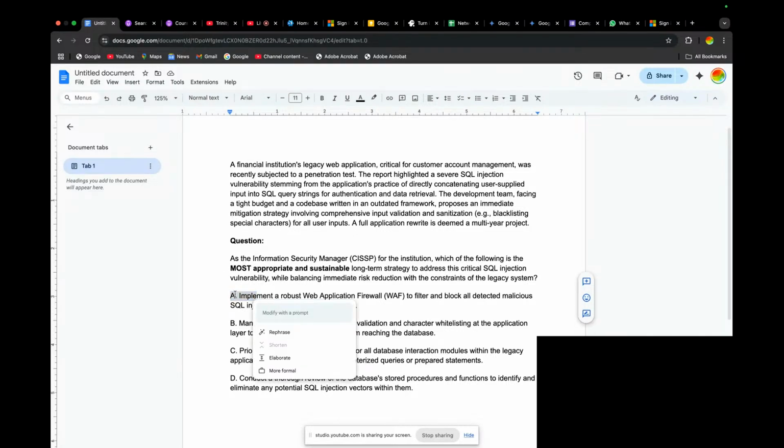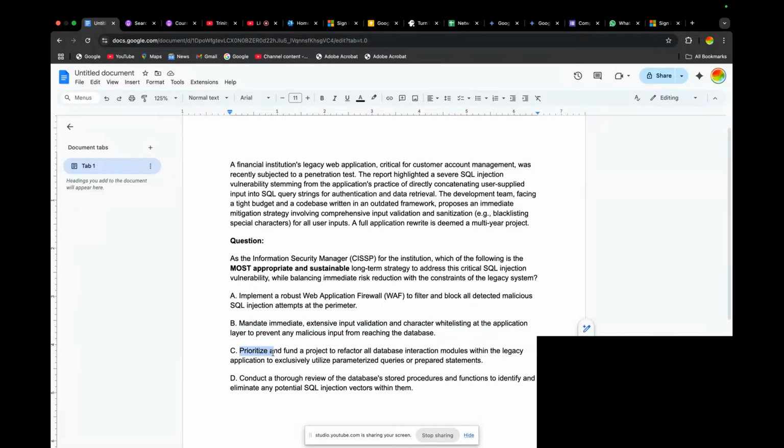Option A: implement a robust web application firewall to filter and block all detected malicious SQL injection attempts at the perimeter. Let's look at B: mandate immediate extensive input validation and character whitelisting at the application layer to prevent any malicious input from reaching the database.